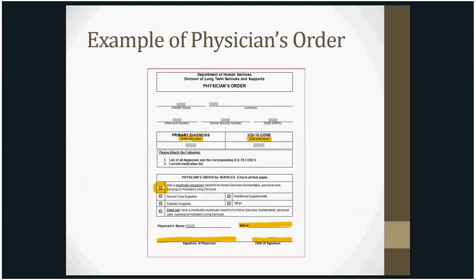The next slide I wanted to include because it is an example of that physician's order. And I wanted to point out, when I said earlier to make sure that it's filled out accurately, the important things. First of all, only one primary diagnosis and ICD-10 code should be listed.